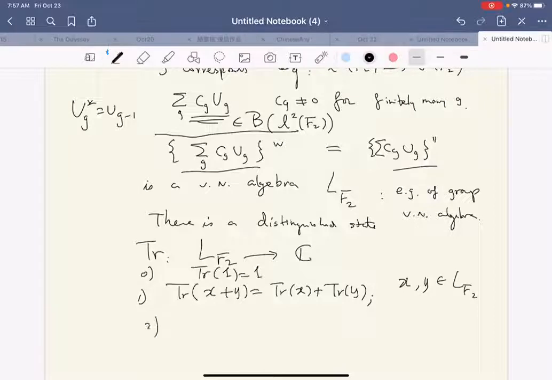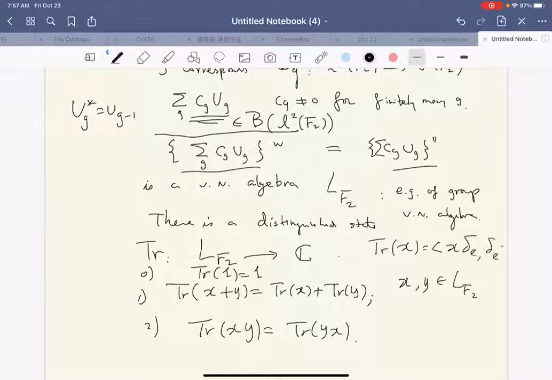And of course, the most important property is the tracial property: the trace of xy is the same as the trace of yx. Maybe I should define the trace before I write down the property. The trace of an element x is just the inner product of x delta_e with delta_e, where delta_e is the delta function of the identity element.